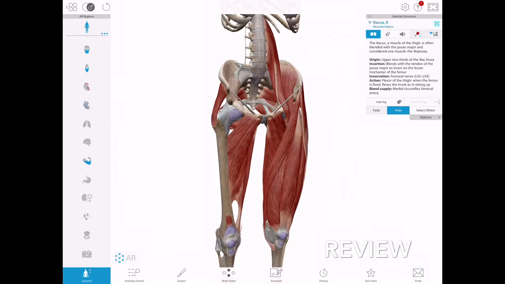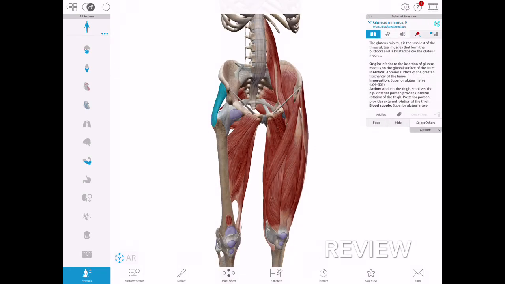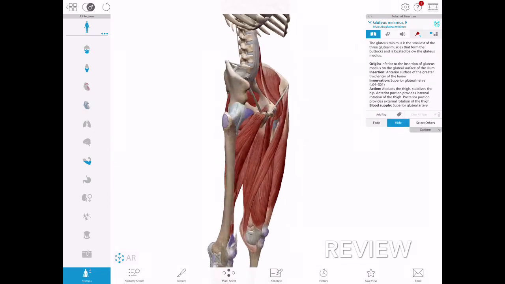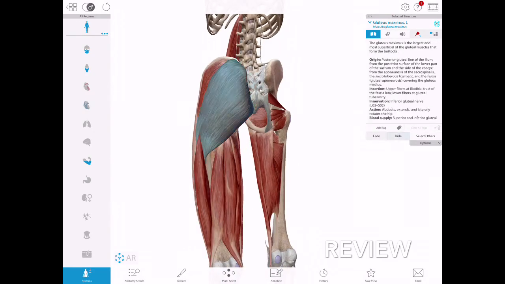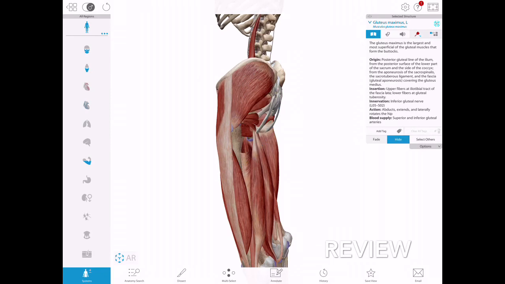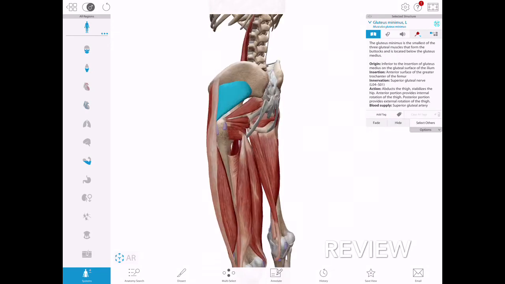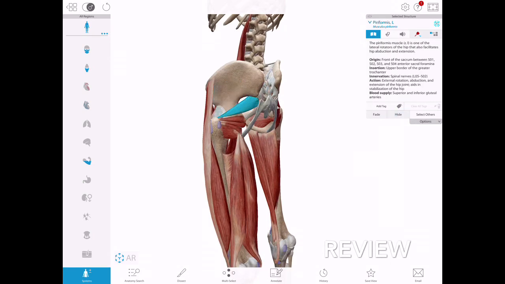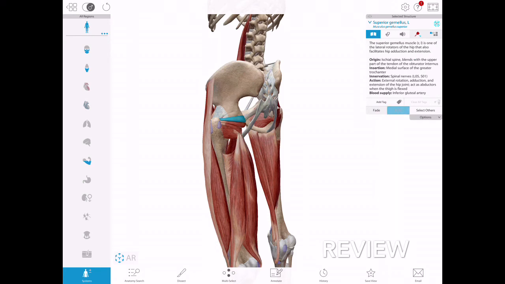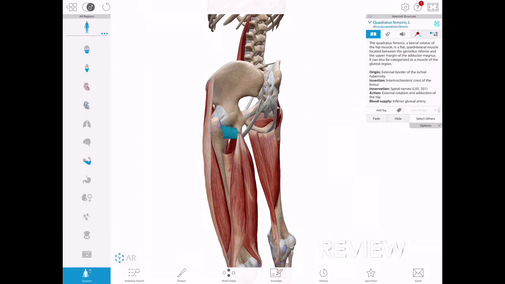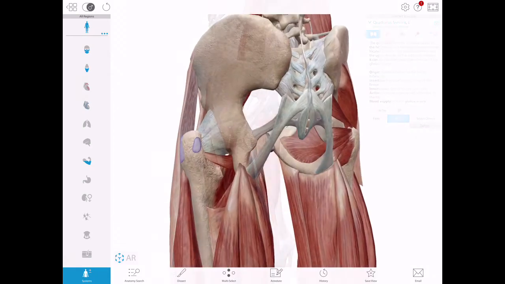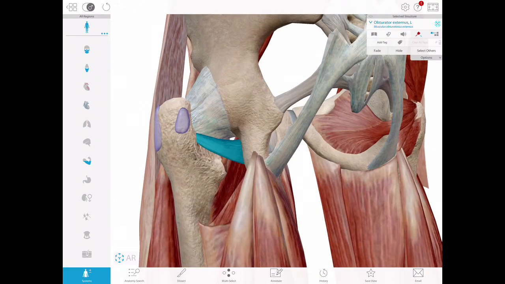Right, and that is the gluteus minimus, the gluteus maximus, the gluteus medius, piriformis, superior gemellus, obturator internus, inferior gemellus, and quadratus femoris. And don't forget the obturator externus.